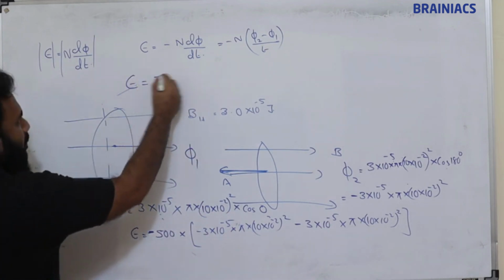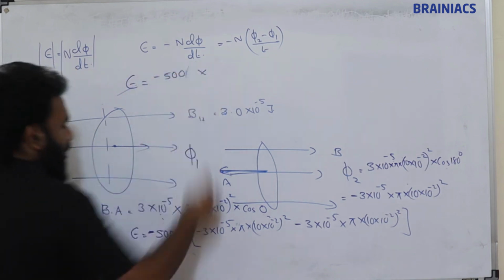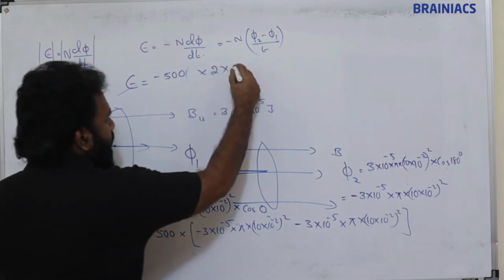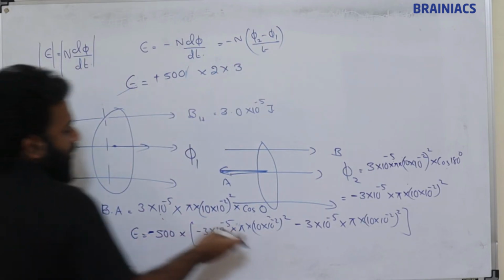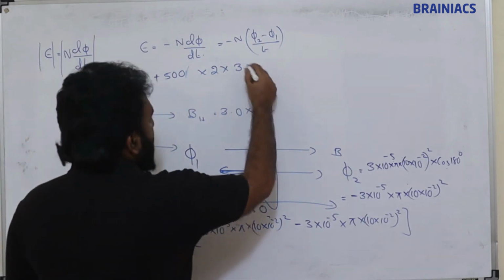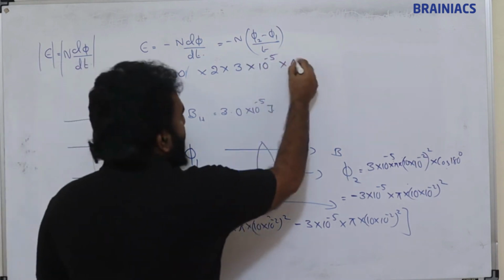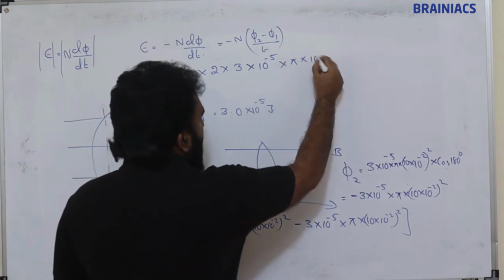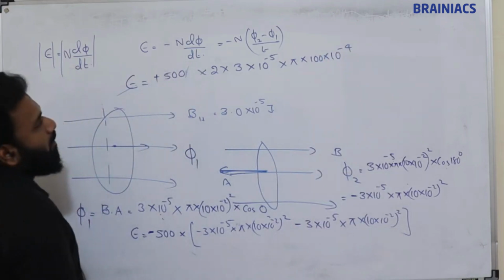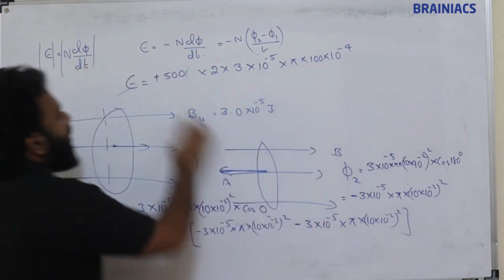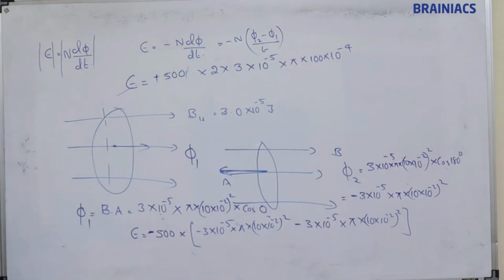So E is equal to minus 500 into 2 into 3 into 10 raised to minus 5 into pi into 100 into 10 raised to minus 4. Everything is there. Now simplifying this, we will get the EMF value.